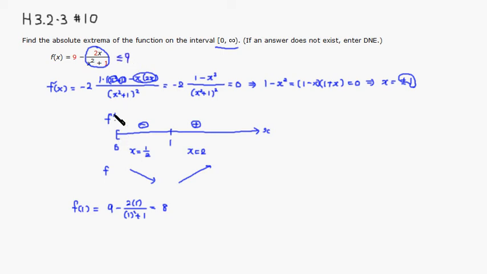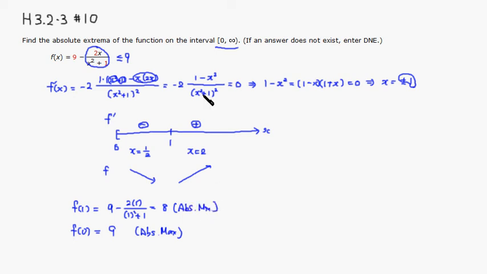Here, f of 0 is 9 minus 0, so it's 9. You can achieve 9 at x equals 0. So this is actually the absolute max there, and this is the absolute min.